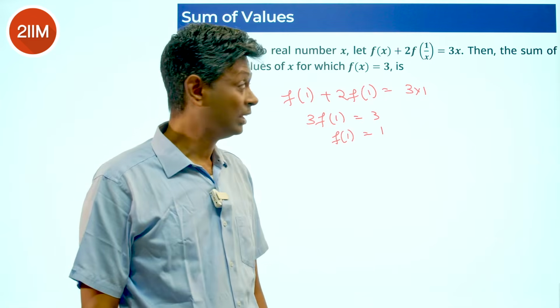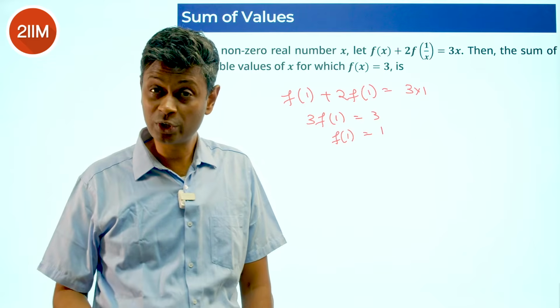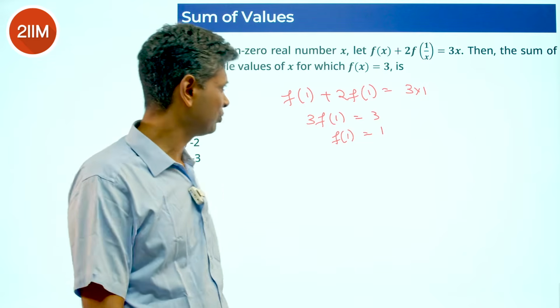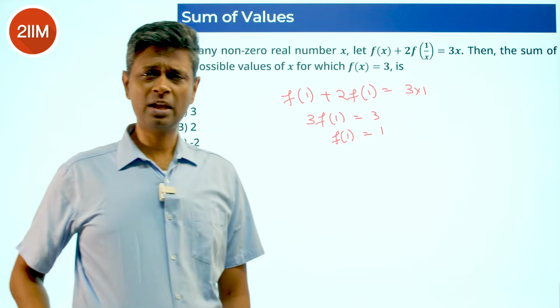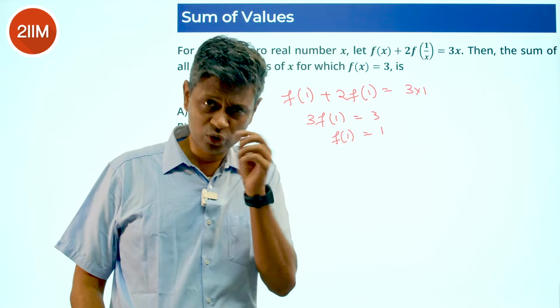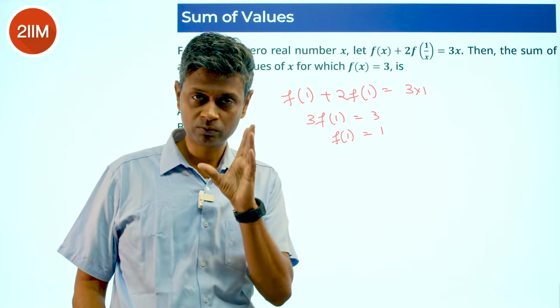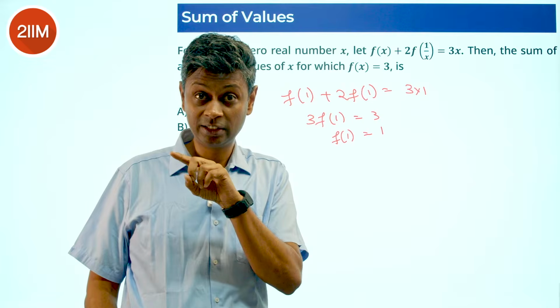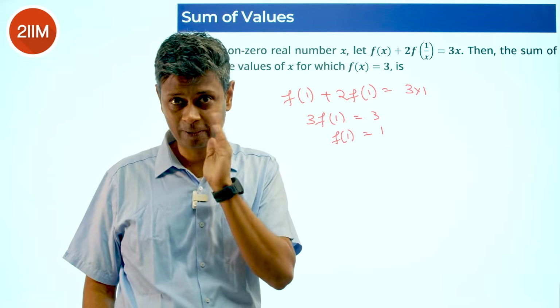This might have helped. We want to find x for which f of x becomes 3. But if I put x as 1, x and 1 by x are the same. Reciprocal of x is 1 by x. Reciprocal of 1 by x is x.